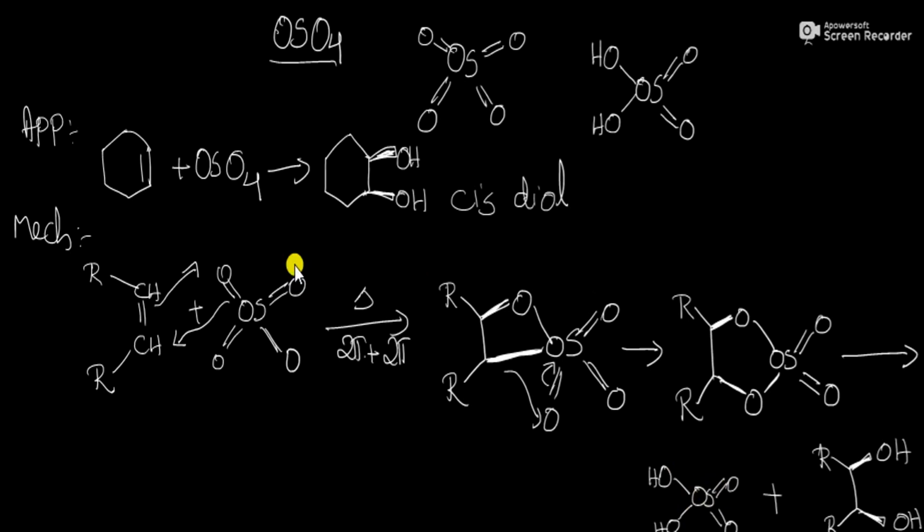And it is a highly expensive reagent and a little toxic. So it can't be used in large quantities. In order to decrease the osmium tetroxide quantity in oxidation, in addition to osmium tetroxide, other cheaper oxidizing agents are also used. These oxidizing agents are called co-oxidants.